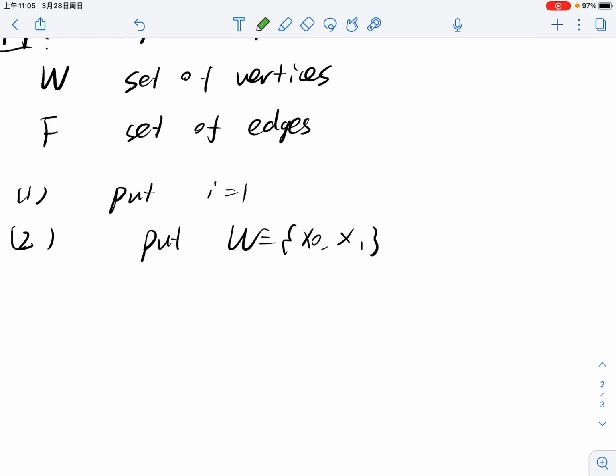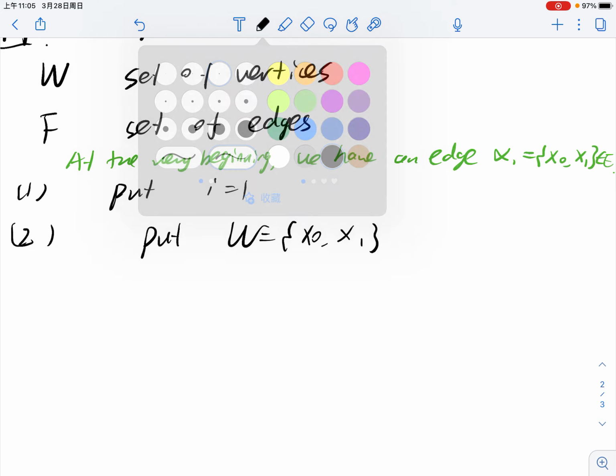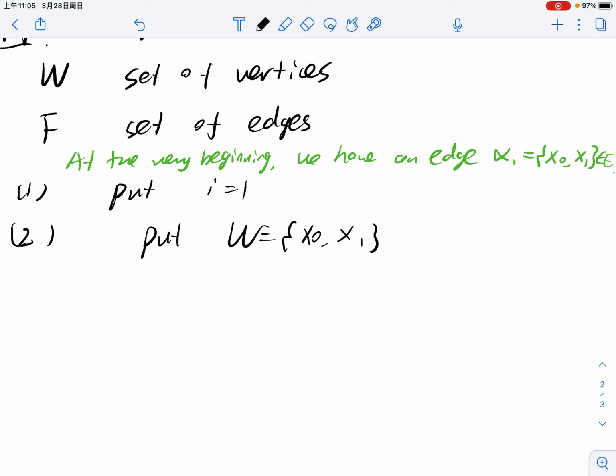We should make a convention: at the very beginning, we have an edge alpha 1 equals x0x1, so the trail starts with an edge.